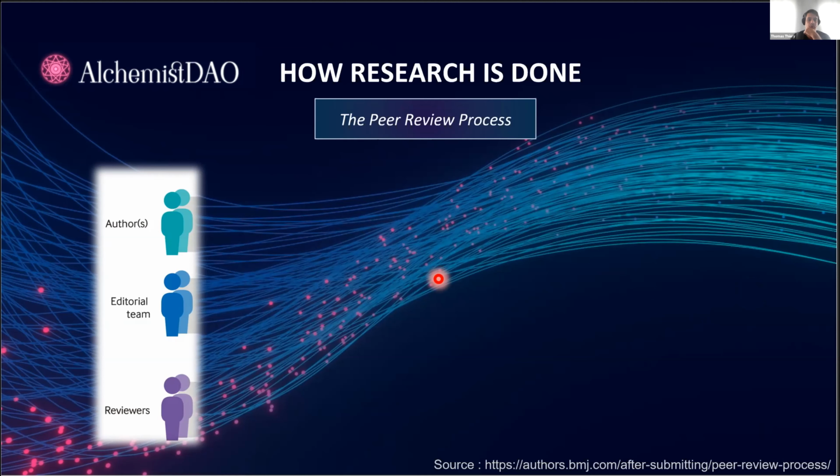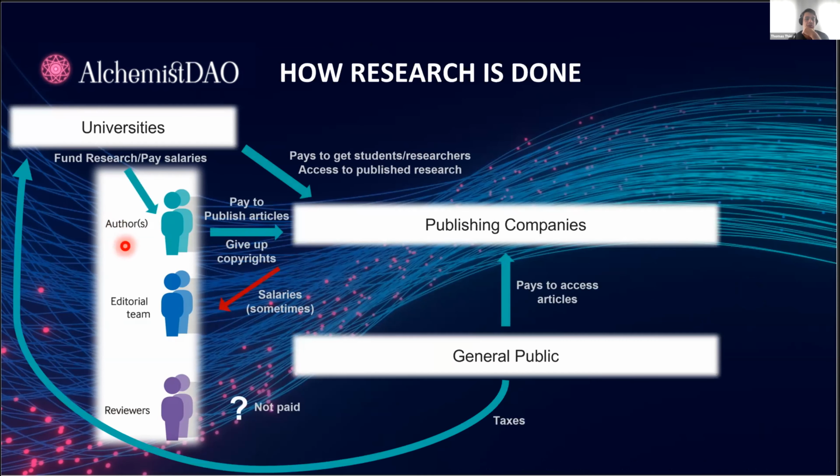You can start with the authors, the ones that are actually doing the work. They spend, as I said, years and years of work trying to publish their articles. They work a ton, they have to get their own funding, and they try to publish quality research.